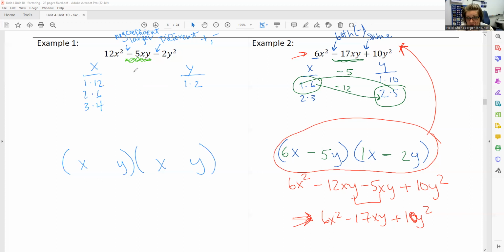Too big, way more than 5. Because I know this is my only option over here, so I have to use this one for the y. But then I got to pick which ones of these. So, 2 times 1, which is 2, and 6 times 2, which is 12, and that's 14. That's too many. But then now I've got 3 times 1 is 3, 4 times 2 is 8.